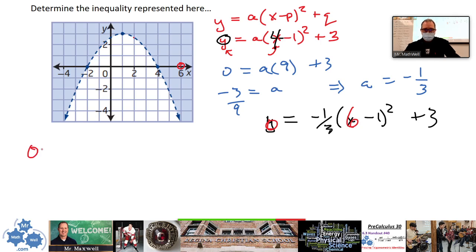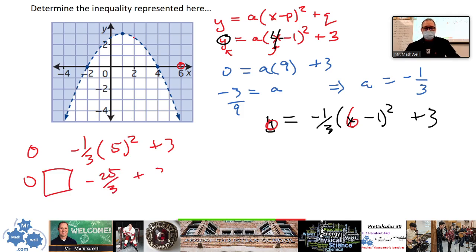So let's see what that looks like here. Well, I've got 0 equals negative 1/3 times 5 squared plus 3. So 0, now I'm going to get rid of that equal sign. 0 compares to this side how? This is negative 25 over 3 plus 3. Okay? So 0 is compared to, so what's this 3?